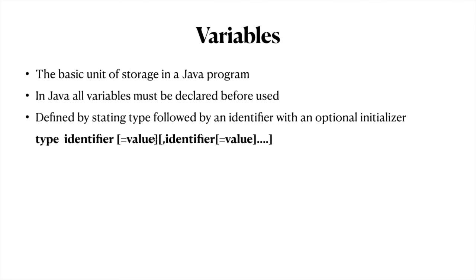And we can also have this comma separated identifier and optional value, so we can define multiple variables in one line. So if we provide type identifier value comma and then another identifier, this type definition applies to this identifier, and we can assign a value here as well. So that's how we define variables.